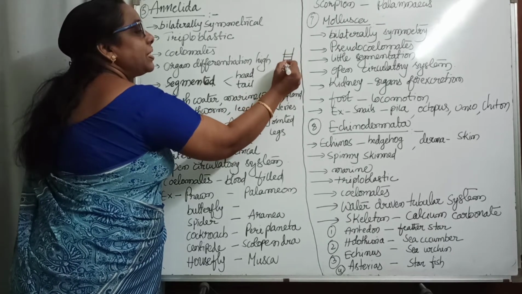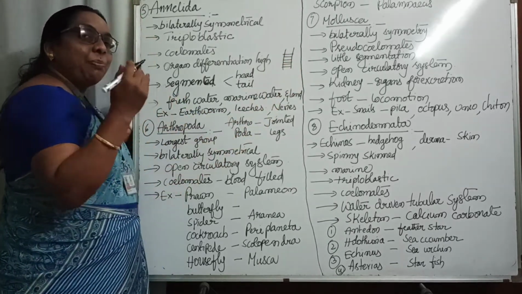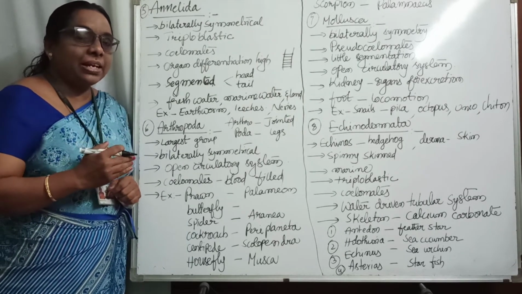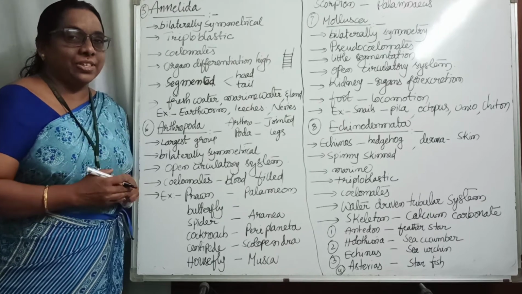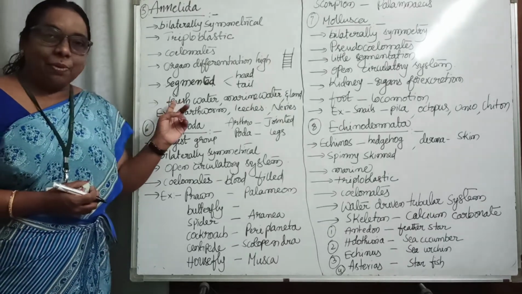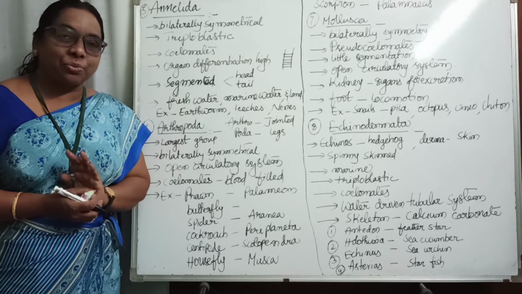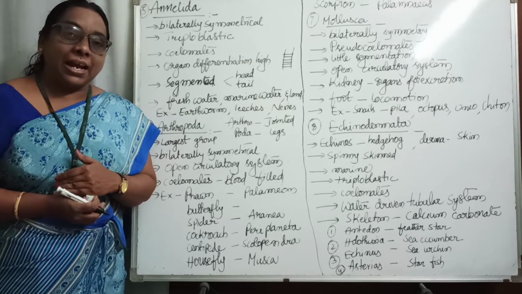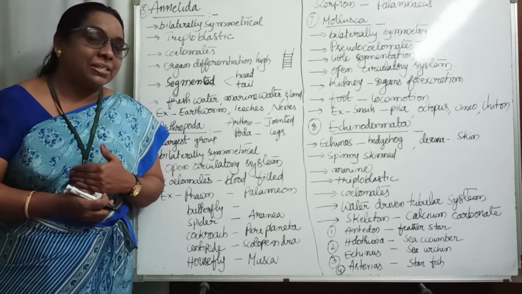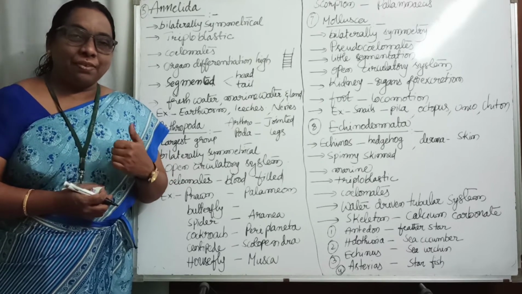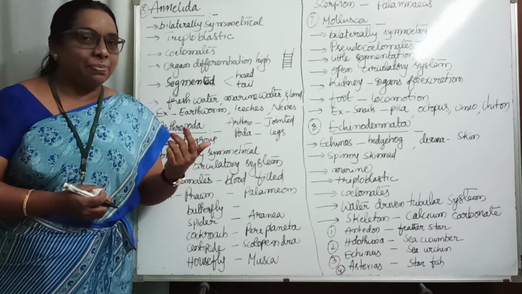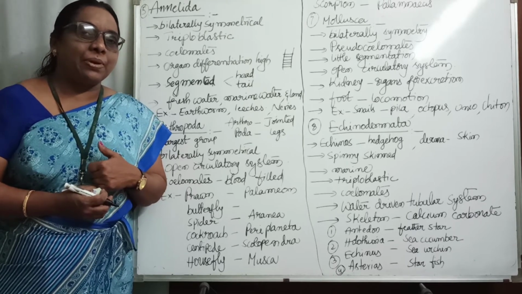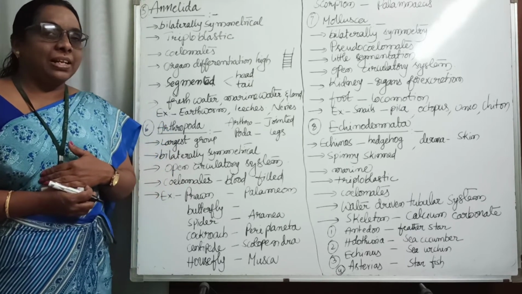The body is divided into different segments, so we can very clearly see the head and the tail region. Next, mostly these organisms are freshwater, and some of them we can also see in marine water, as well as on land. Freshwater means in the rivers, marine water means in the seas and the oceans, and we can see these animals on the land too.